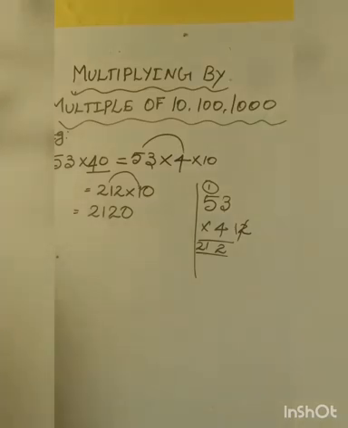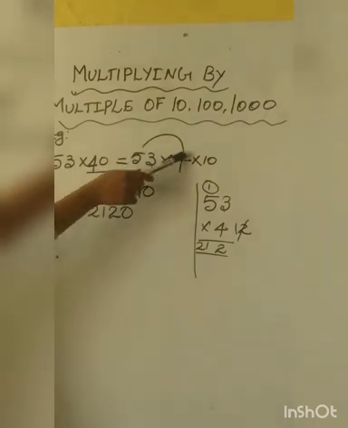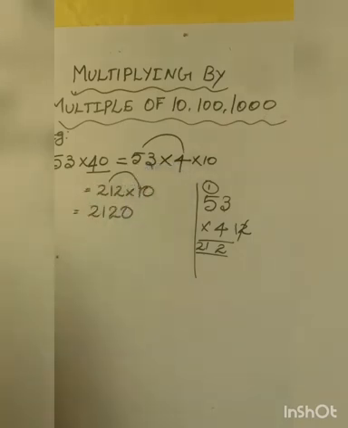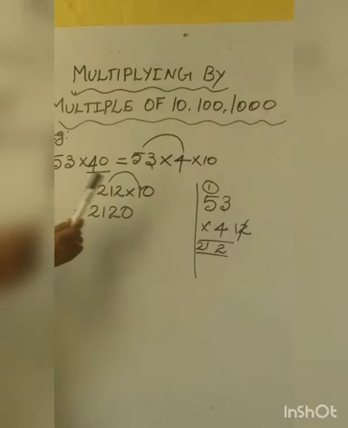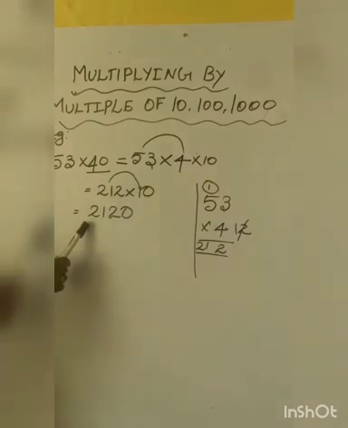Suppose you want to multiply by a multiple of 10, like 40, 30 or 60, you split it into 10 into 4. First you multiply 53 into 4, after that you multiply by 10. So 53 into 4 is equal to 212. Next multiply by 10, so the answer is 2120.